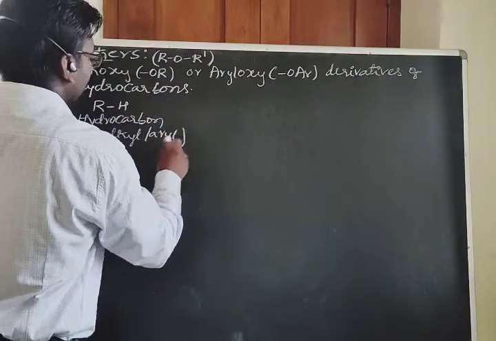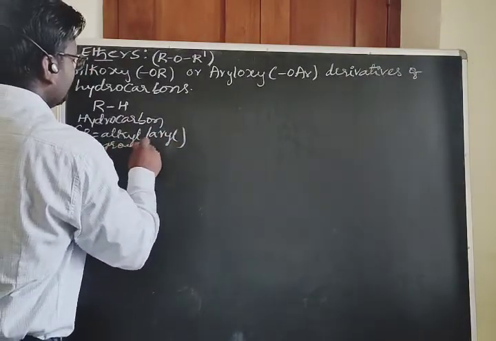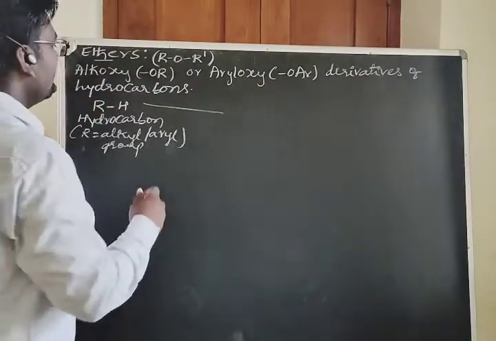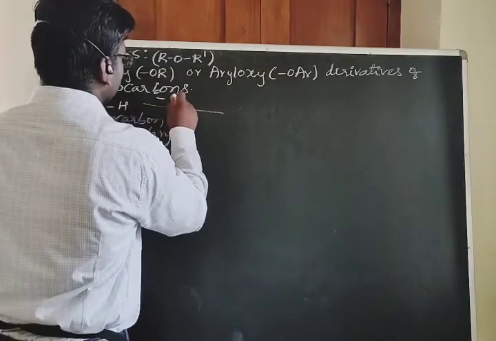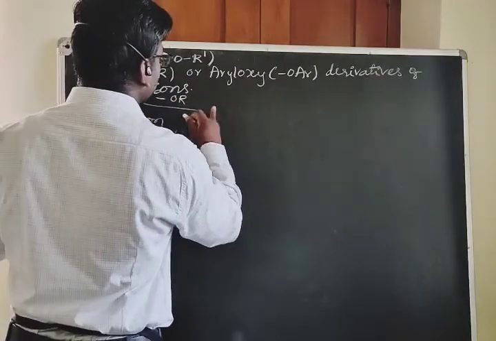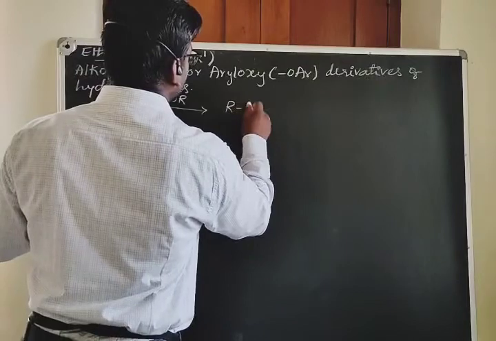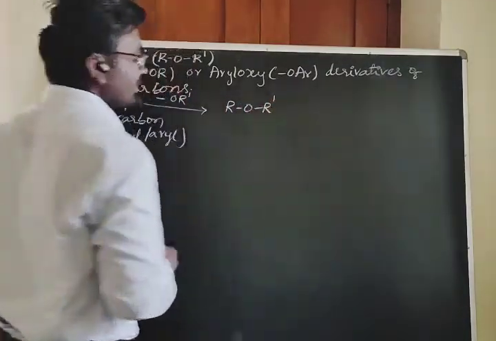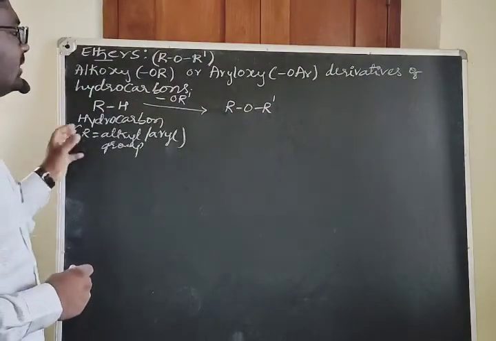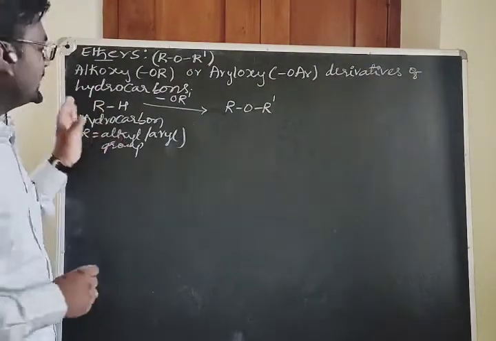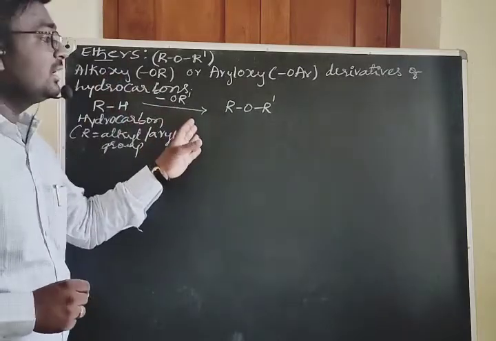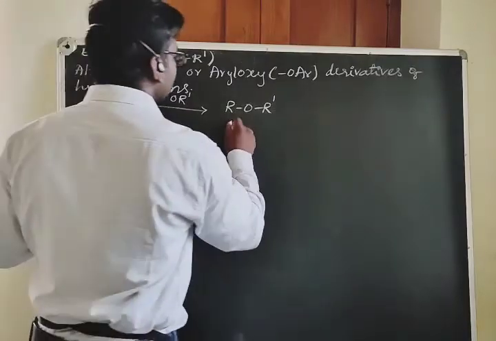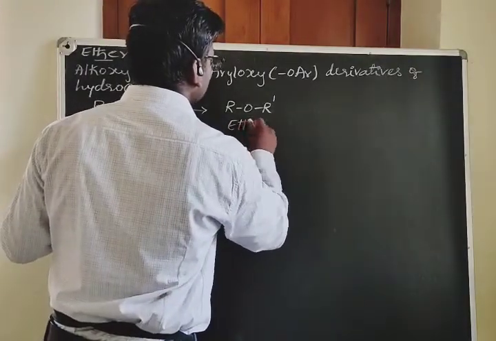Replace the hydrogen of this hydrocarbon with an alkoxy group, so you will get ROR. If you take this as R dash, it will be R dash. Like this, if you replace the hydrogen of the hydrocarbon with aryloxy, you will get the aryl group in this. So what is this? This is the ether.